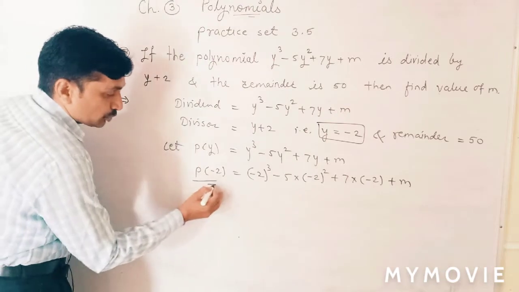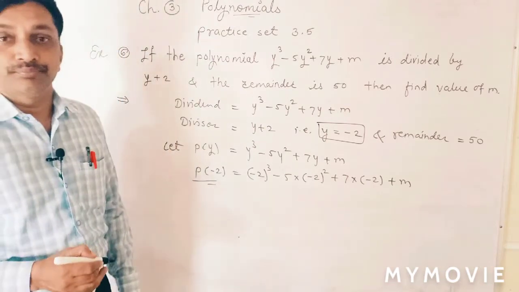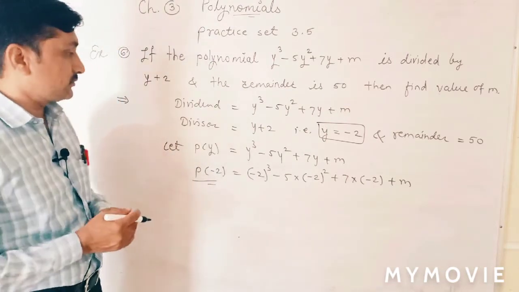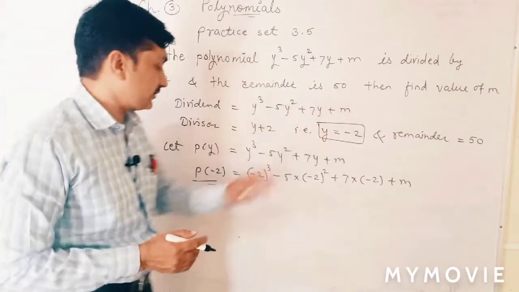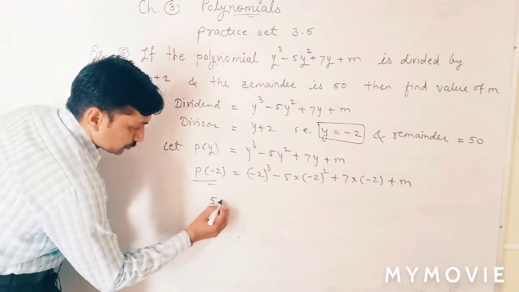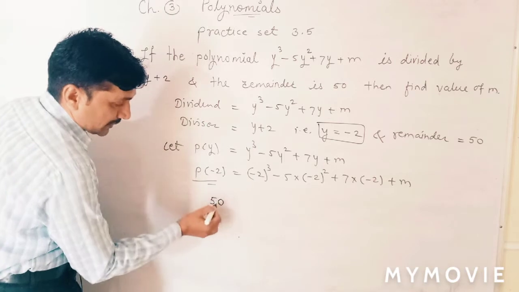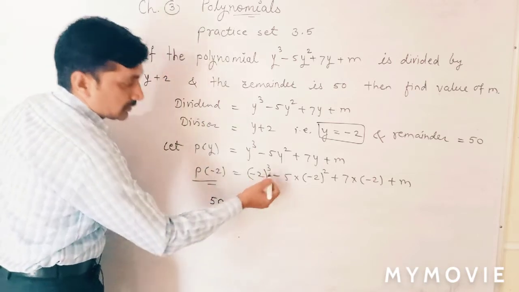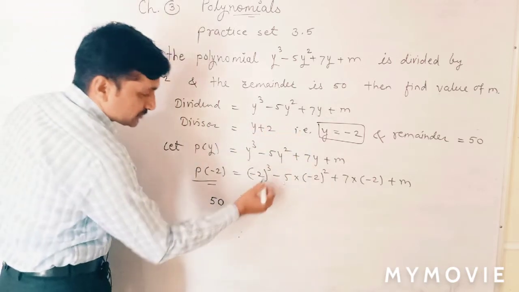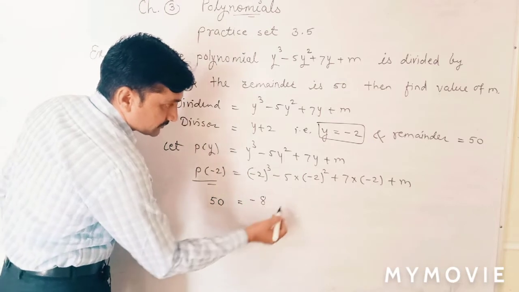Here p of minus 2 means the remainder, and the remainder is given as 50. Therefore put 50 here.